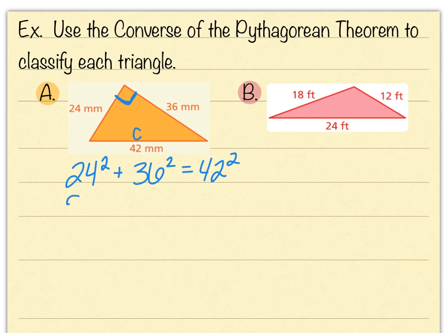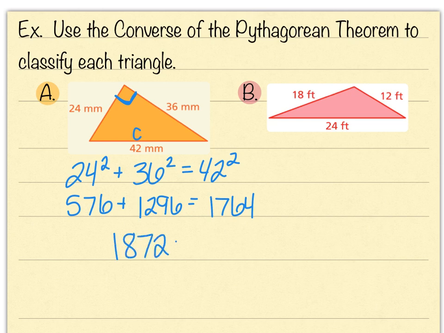24 squared is 576. 36 squared is 1,296. And 42 squared is 1,764. I add up 576 and 1,296, and I get 1,872, which does not equal 1,764.